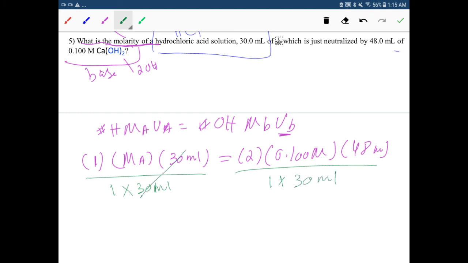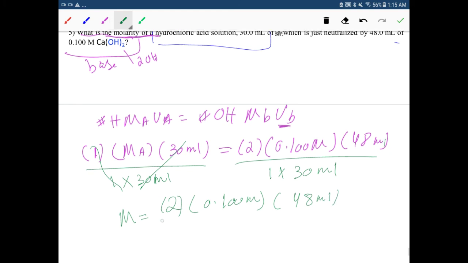So this cancels out, and I get MA equal to 2 times 0.100 molar times 48 milliliters, divided by 1 times 30 ml.